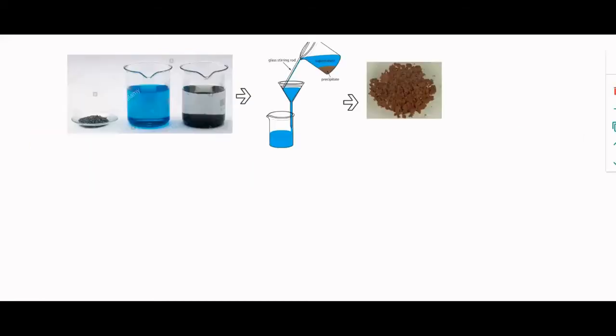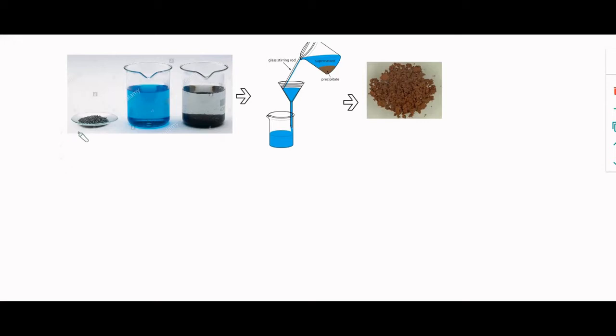From it, just 80 cm³ will be taken, and the concentration is 0.2 molar, meaning 0.2 moles in 1 dm³. In the experiment, we mix this iron into the copper sulfate.